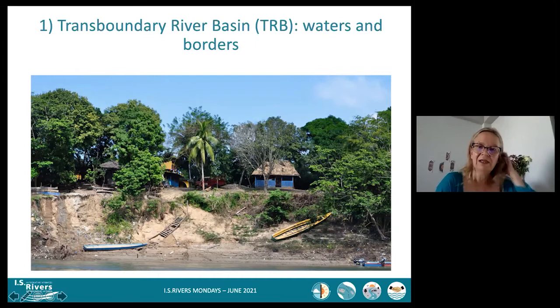So to begin with, the transboundary aspects. On this photo, we're at the river border. Mexico is behind us, and in front of us, we see Guatemala.